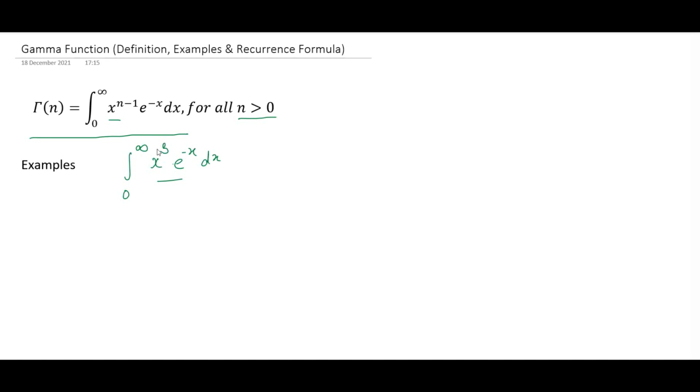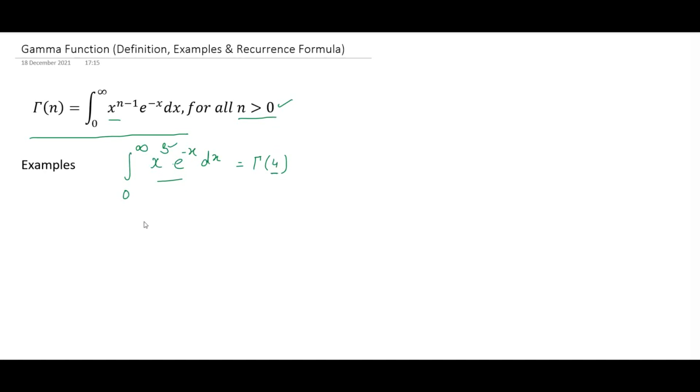So n minus 1 is 3 here, so it can be represented as gamma 4, because what you have to do is add 1 to the power of x, and be sure that after adding 1 this must be greater than 0. Whether the result is an integer or fraction, it must be greater than 0.